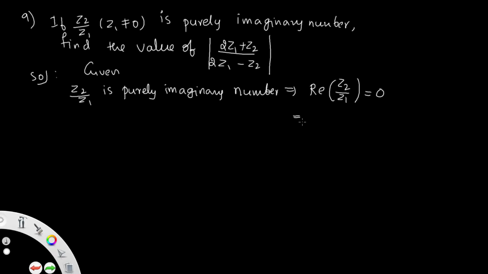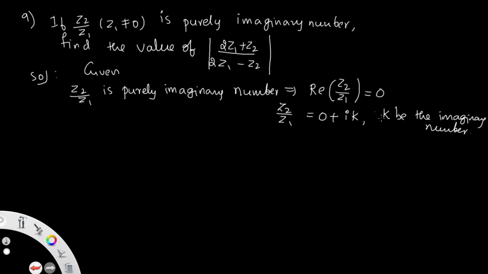So z2 by z1 is nothing but 0 plus ik, where k is a real number, the imaginary part. Let k be that number.